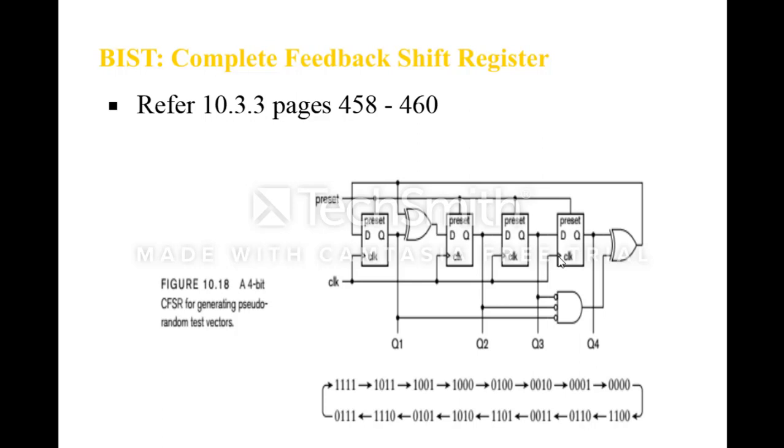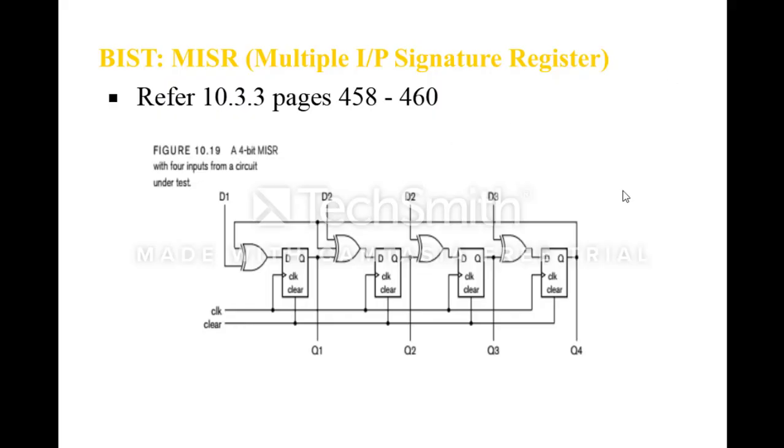One more kind of circuit is the multiple input signature generator. In this case, instead of loading the value using preset, we have multiple inputs, looking to generate a sequence of all the combinations with multiple inputs.